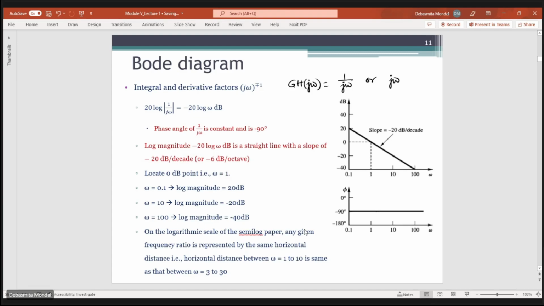So the x-axis is over here, and this is the 0 dB line. Okay, so that means it will be 0 dB when the value of omega is equal to 1, right? So at omega equal to 1, the value of this is equal to 0, right? So you can say that at omega equal to 1, minus 20 log omega is equal to 0, right?